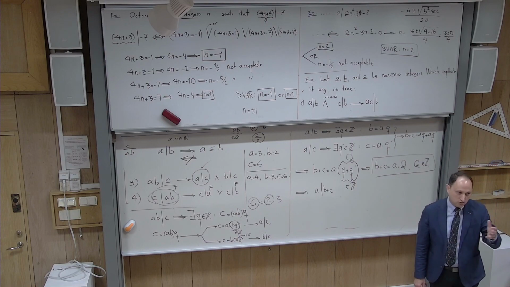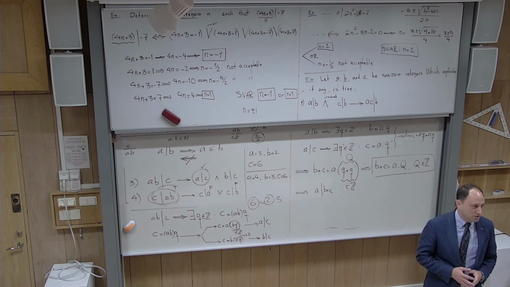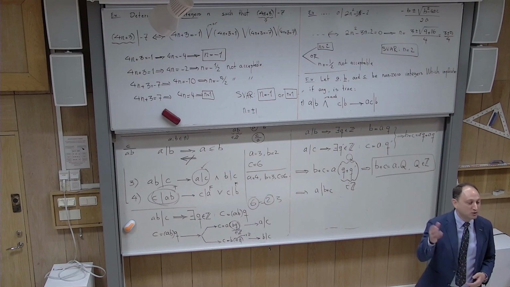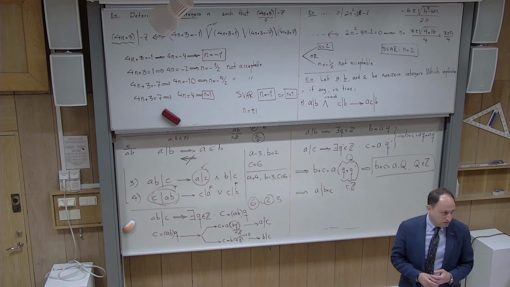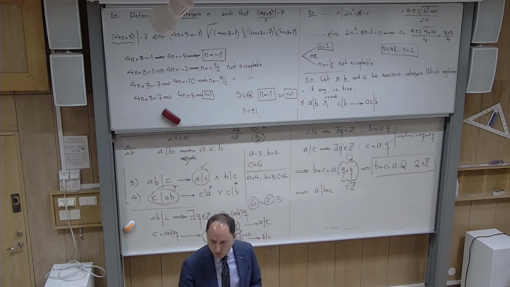If it is false, try to bring a counterexample. Don't try to give me stories. It doesn't matter how many. This is why I can correct papers quickly: when I see that you are saying it's false and then bringing an argument, I don't even bother to read it. You have to bring a counterexample to falsify something, to refute something.